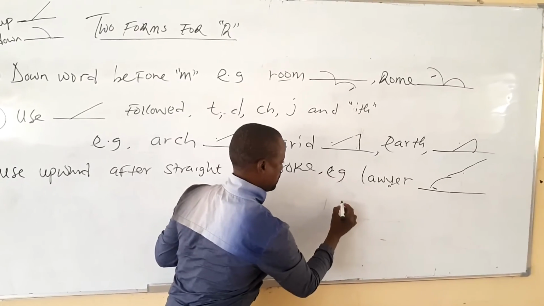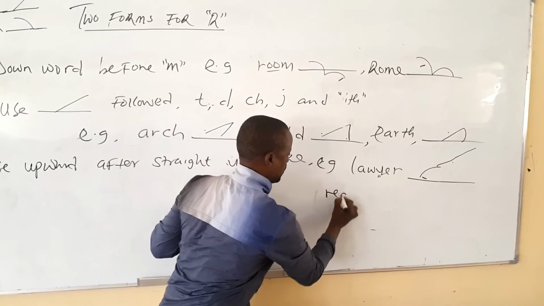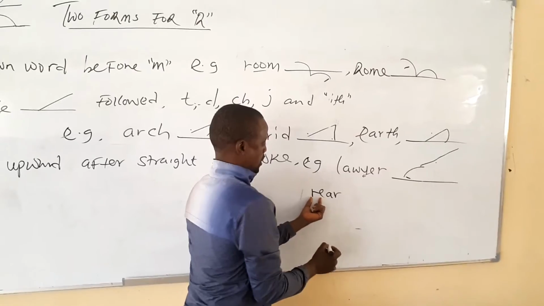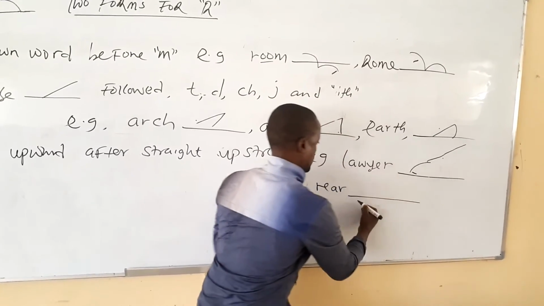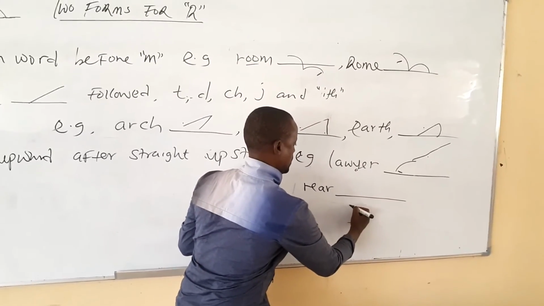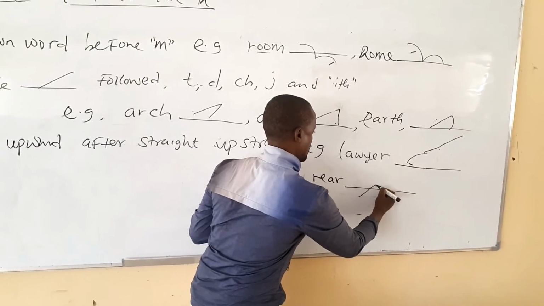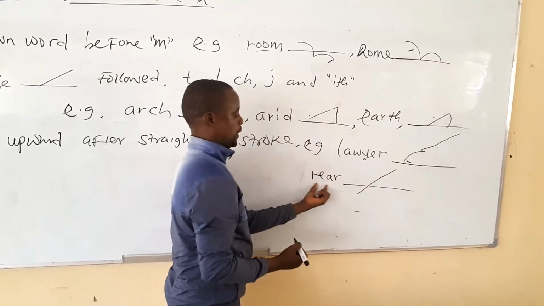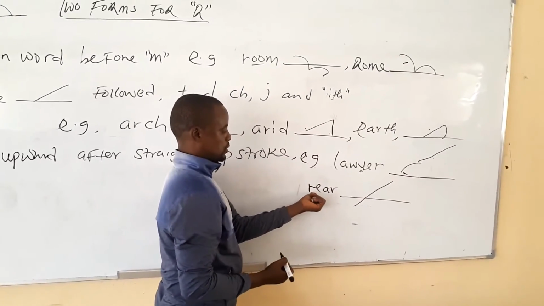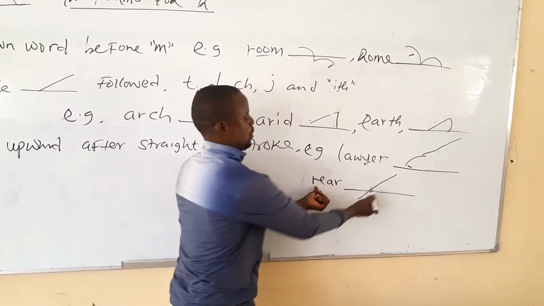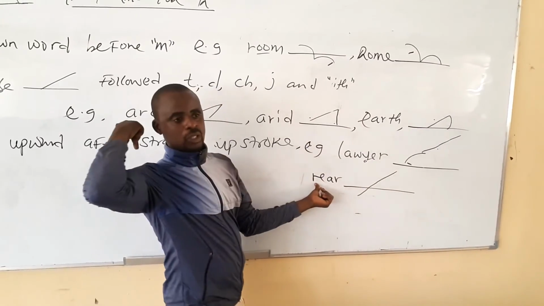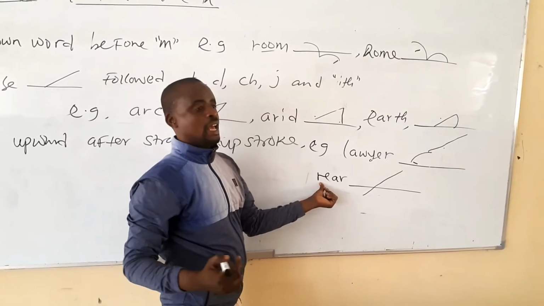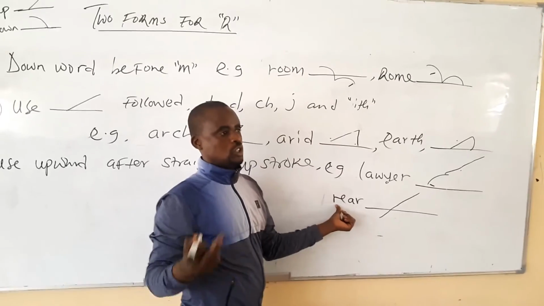Let us give another example, maybe you say rear. Rear is like this. You have the first ray, then another ray. You have two rays because this is the first one, then immediately after this ray, we have upward R. Don't forget that in our previous example we said when R begins a word, you are going to use ray.